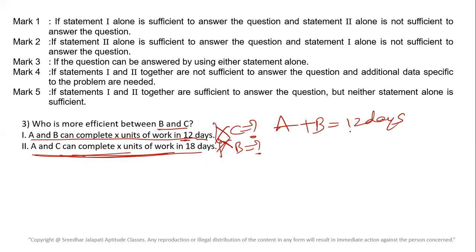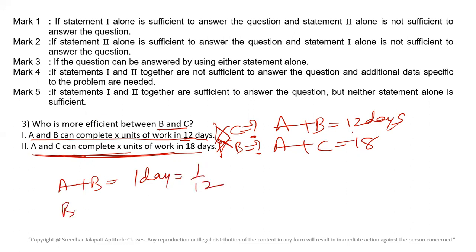Combine. So if I combine AB together 12 days, AC together 18 days, then what is AB together 1 day work? 1 by 12. What is AC together 1 day work? 1 by 18. Sorry, second statement AB, AC.